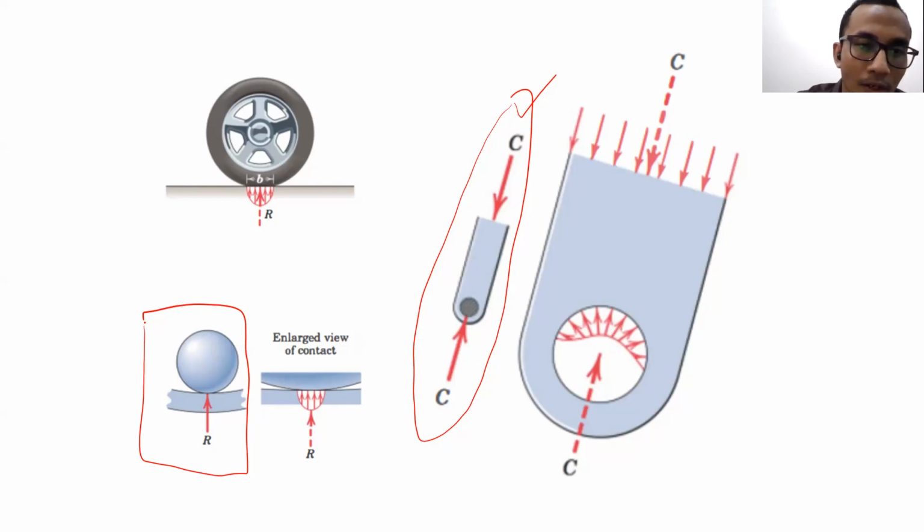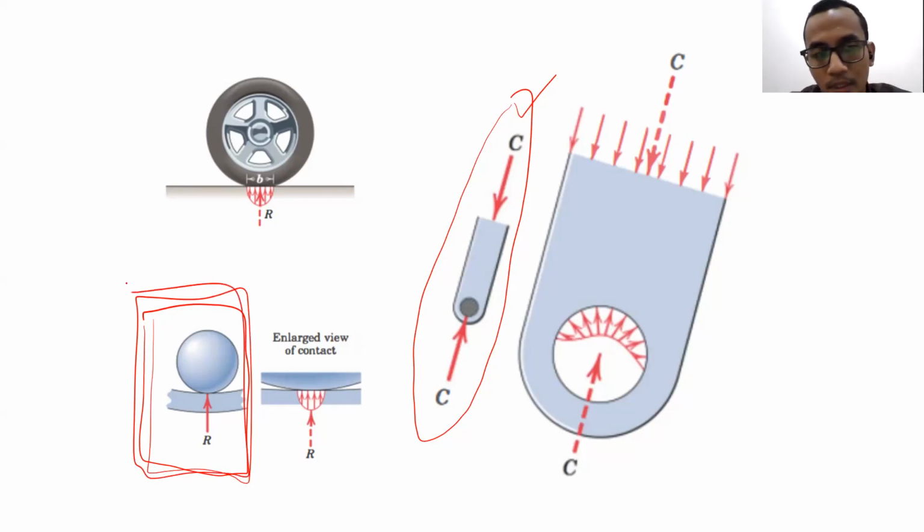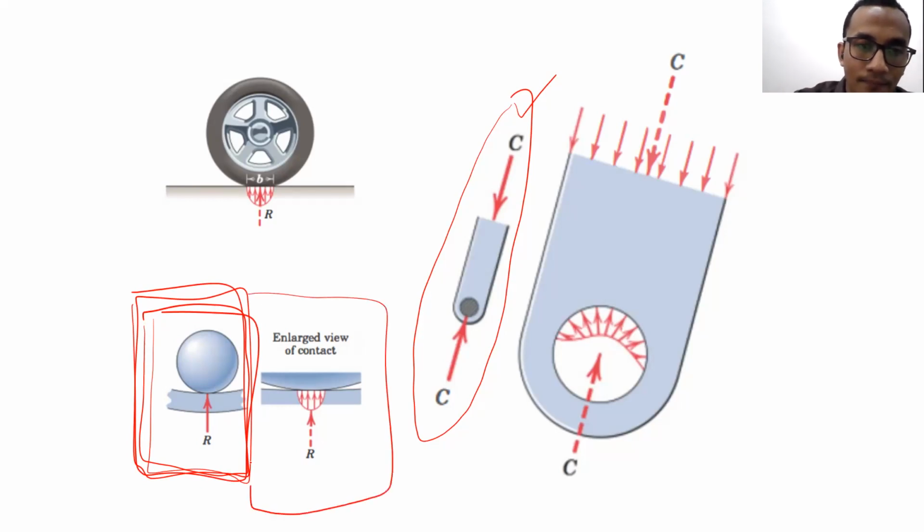Whenever we put a ball on the floor, the simplified version is like this: R, the resultant force, happening at one particular point. In reality, it's distributed on a certain area, like this.